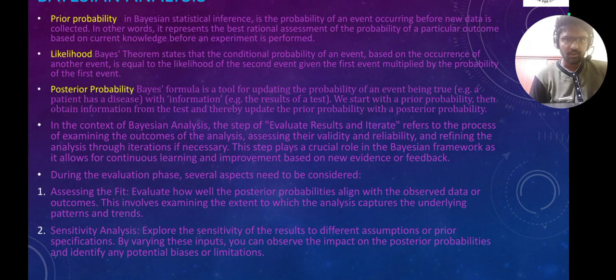This involves examining the extent to which the analysis captured the underlying patterns and trends, and exploring the sensitivity of results to different assumptions. By carrying this out, you can observe the impact of prior probabilities and identify any potential biases or limitations.